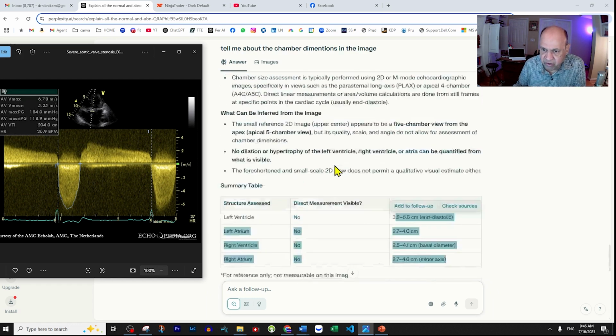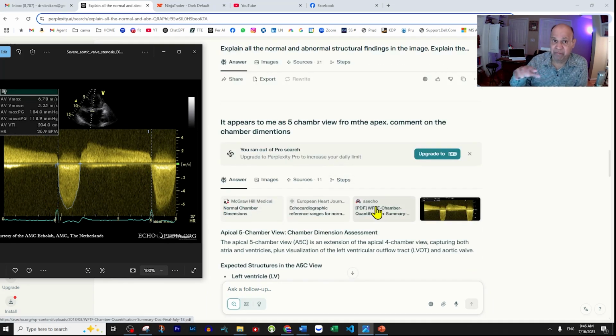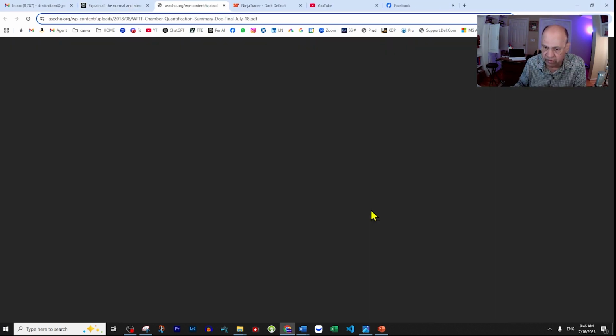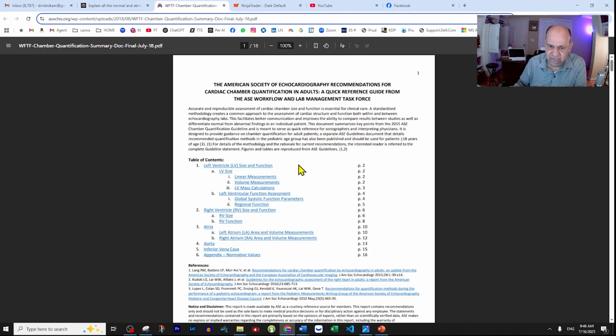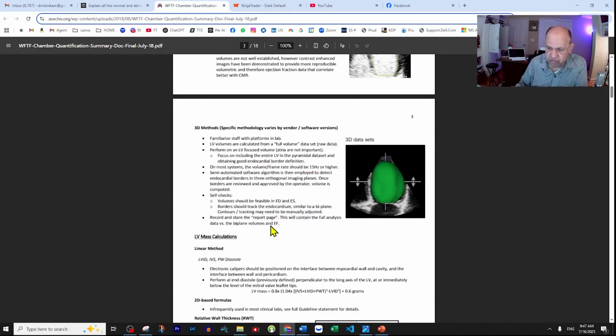The other point I want to bring out is that these are not just from imagination. Here is a PDF of an ASE website, which gives you the reference to all the left ventricular measurements, volumes, and sizes for all various structures.